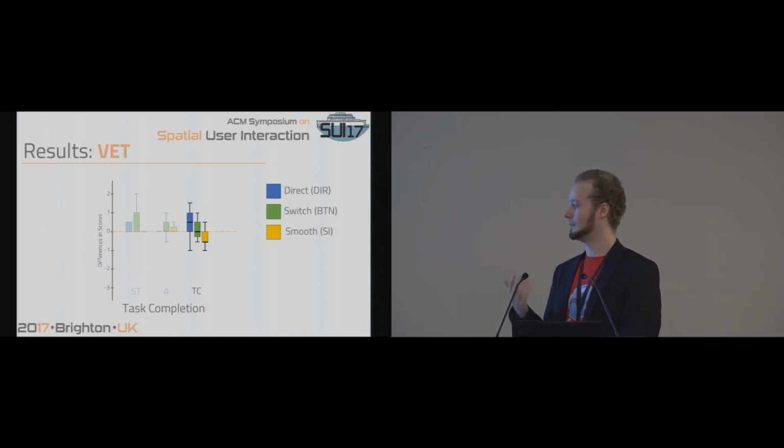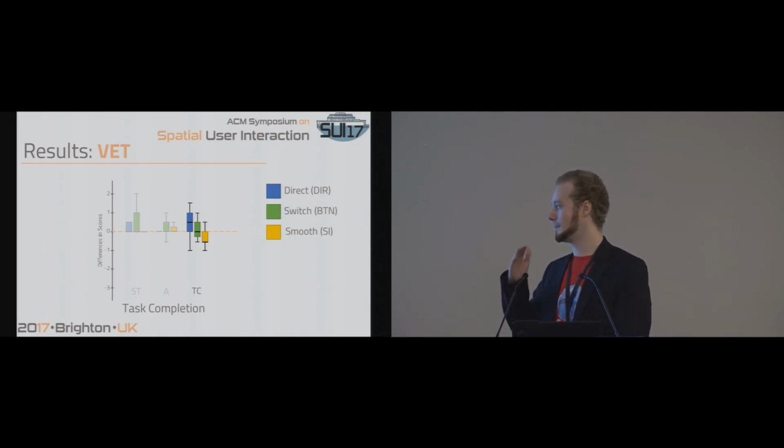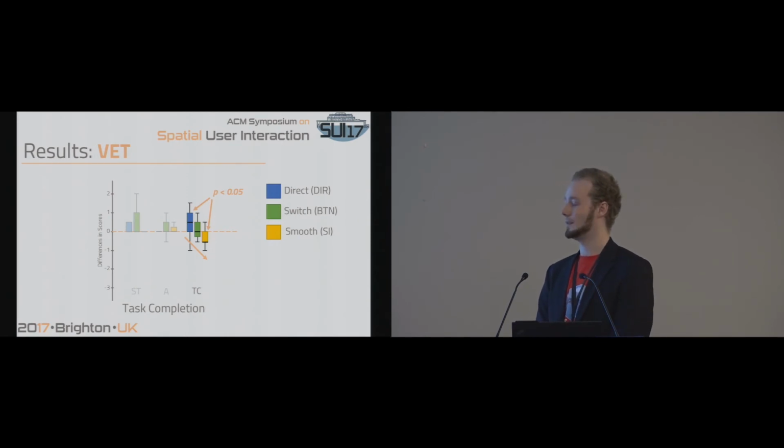So the task completion slowly decreased with the higher complexity of the immersion. So we had a negative tendency and also found a significant value at the direct and the smooth immersion. It was kind of interesting to see that.